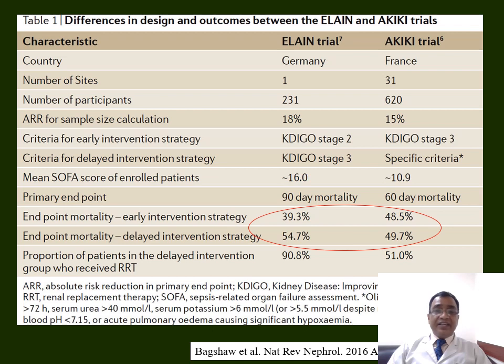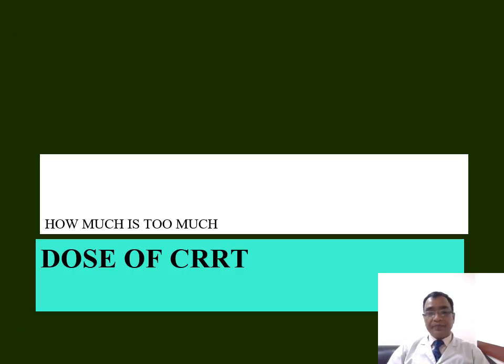In the LN trial, early intervention therapy showed a little bit of mortality benefit, whereas the AKI trial did not result in a decrease in mortality. It showed equal results in terms of mortality as well as recovery time from renal failure. So this is still not settled very well, whether early is better than late or not.